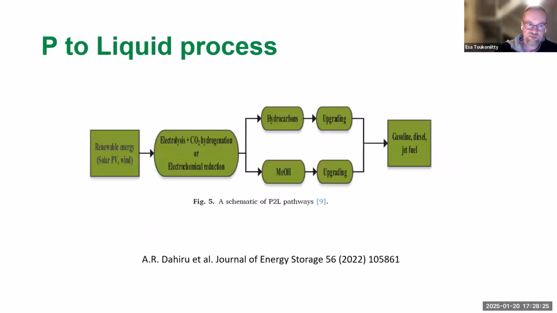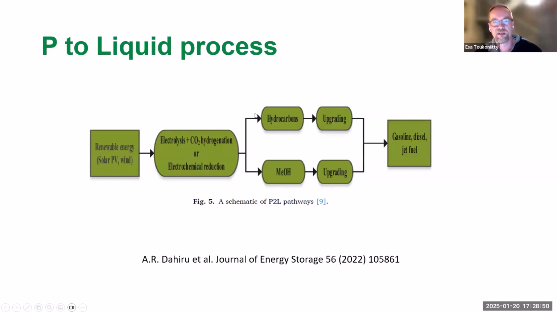Gas to liquid, here's a similar scheme. In principle, basically you apply renewable energy to electrolysis of hydrogen, and also you mix carbon dioxide. There are several alternatives for what could happen in this stage.